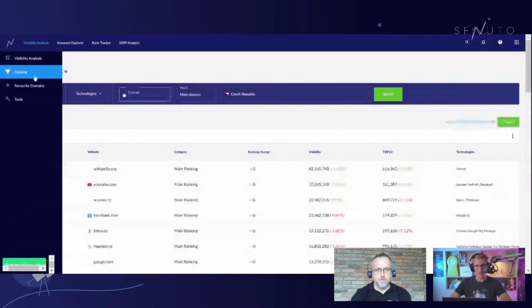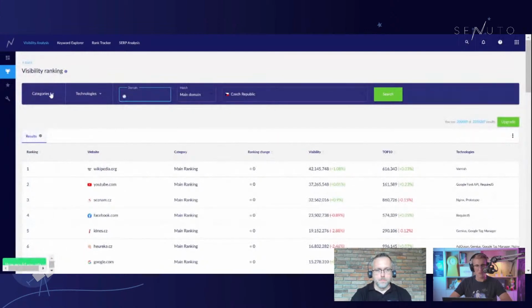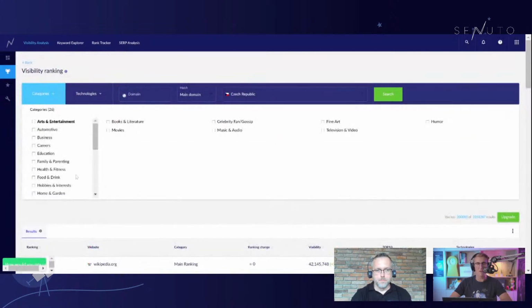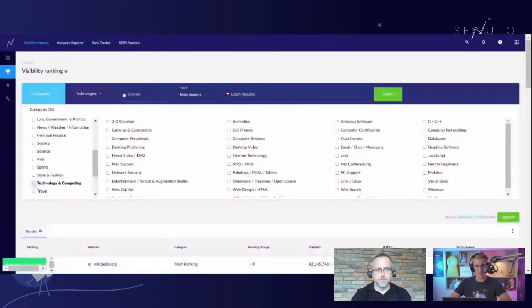One more thing. We can check it very simply. For example, when we point to which category our website is in, and we would like to X-ray this category, this will help us see where we stand regarding our competition. So for example, I pick, just as an example, technology and computing.